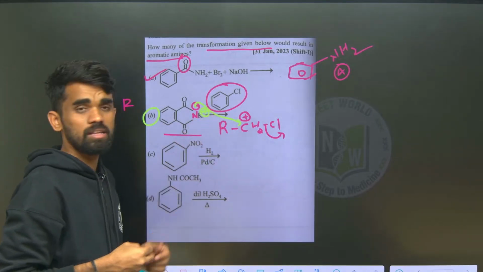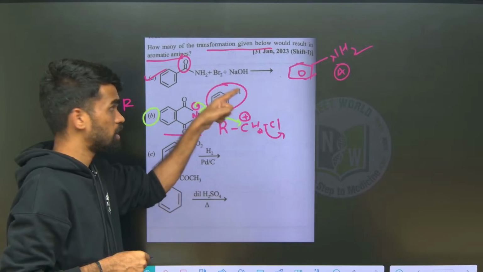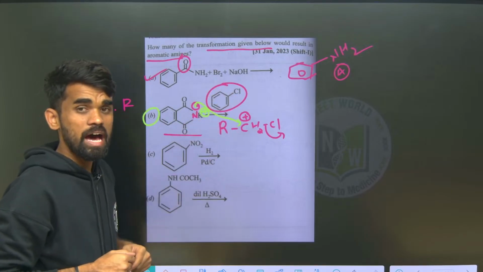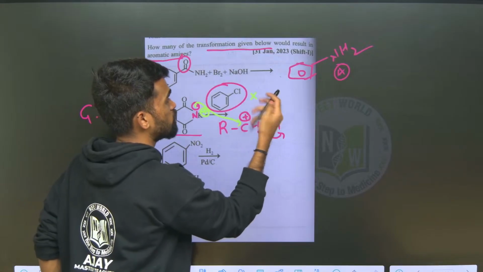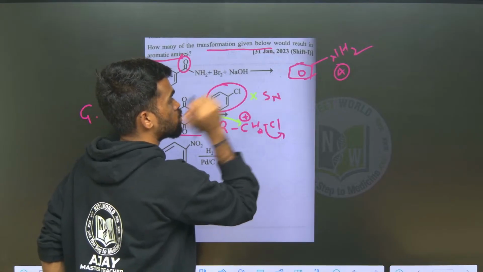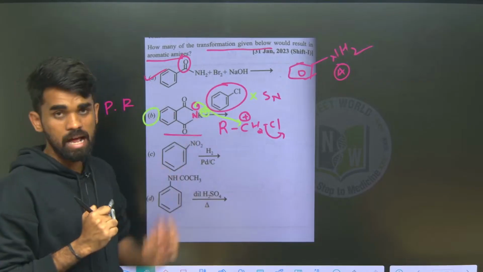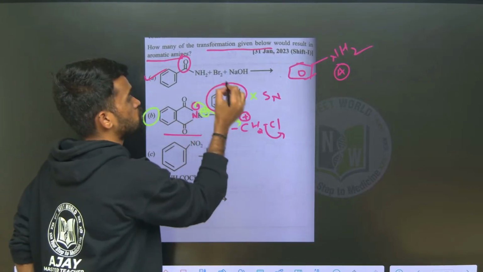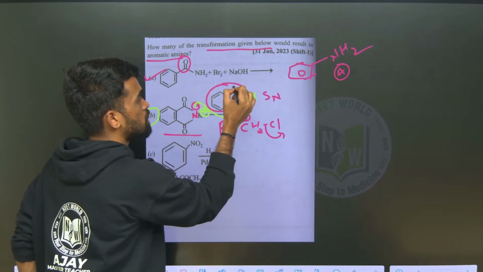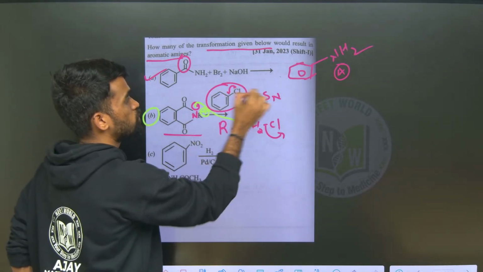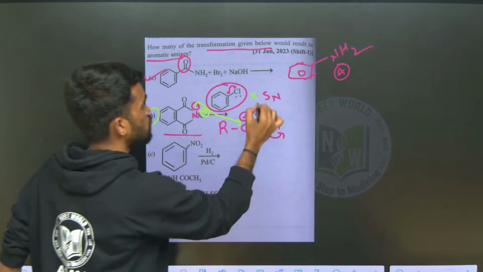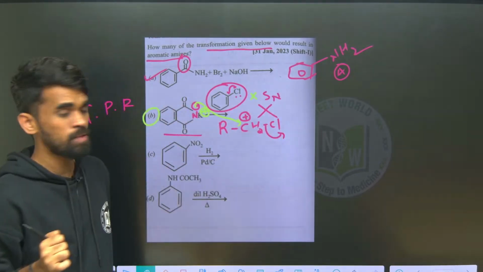But the reagent given here is aryl halide. Now in aryl halides, there is no SN1 or SN2, no substitution reactions. Therefore the nucleophilic substitution will not take place here, because chlorine lone pair electrons are in conjugation with the ring pi electrons. Therefore the reaction is not feasible, so this reaction is not feasible for further proceeding.